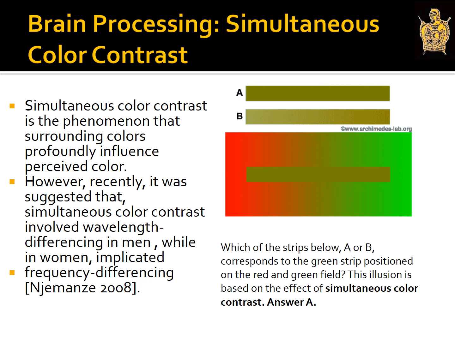And you can see in the test given on this slide, we had earlier suggested that in men there is wavelength differencing during simultaneous color contrast, and in females there is frequency differencing, and this led to further investigation which will be carried out in this study.